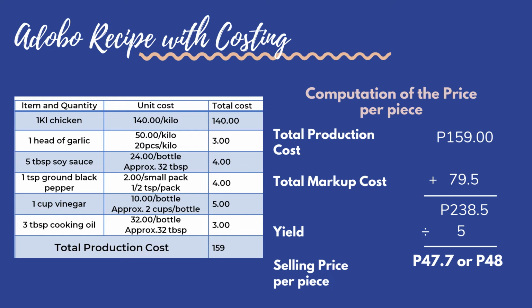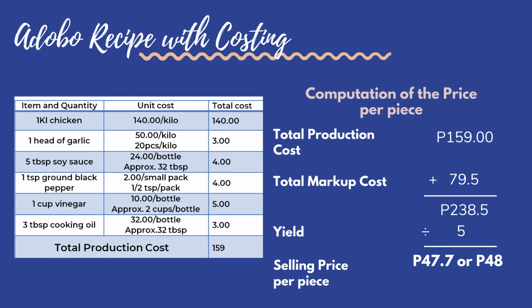One head of garlic, which is 50 pesos per kilo, approximately has 20 pieces per kilo, and now it will be 3 pesos. Five tablespoons of soy sauce, that is 24 pesos per bottle. Approximately, it has 32 tablespoons, and that will be 4 pesos.